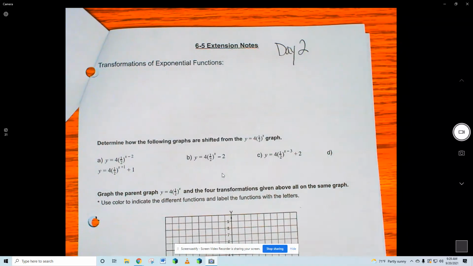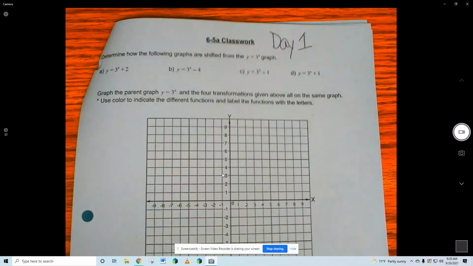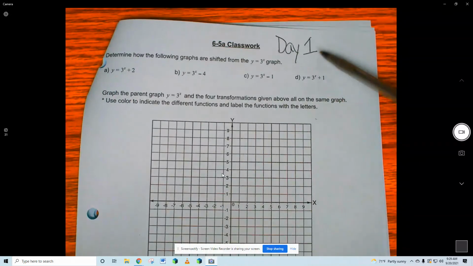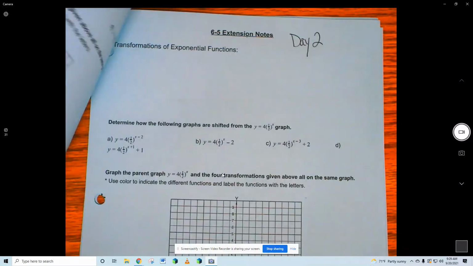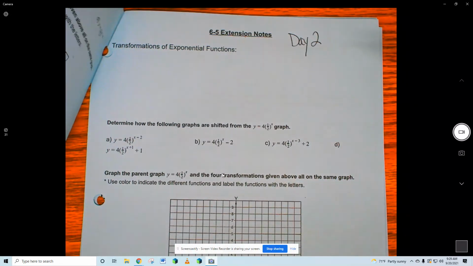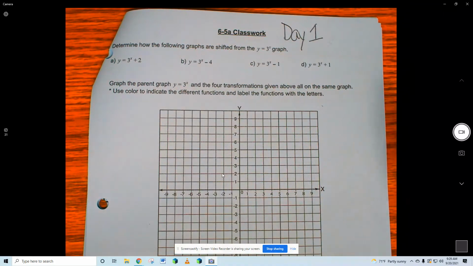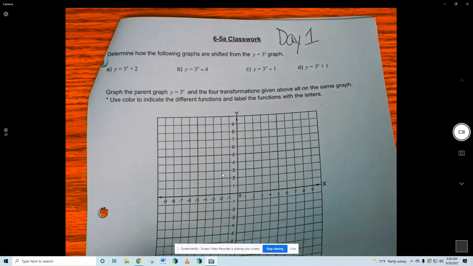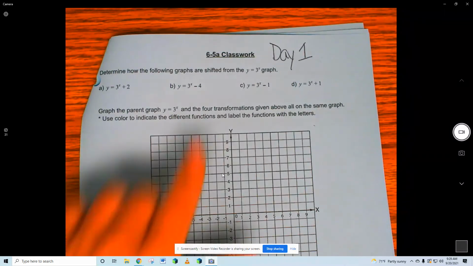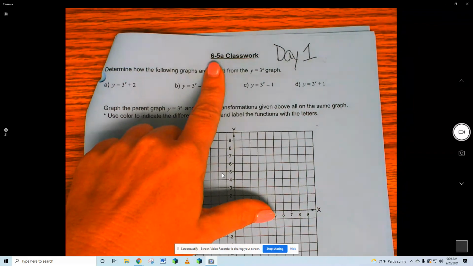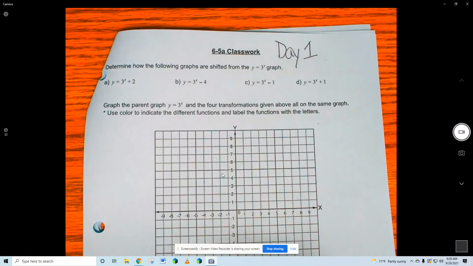On day 1, this whole page is day 1. The front and the back is going to be what we're going to do for practice. They're not really even numbered. Do you notice that there's not numbers? But you're going to do the front and the back of this first page that says 6.5A classwork. We're going to do the front and the back right now.